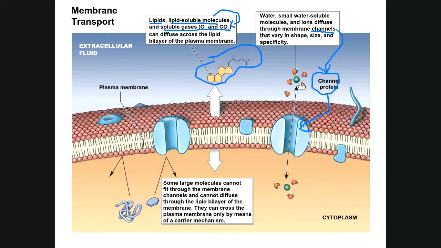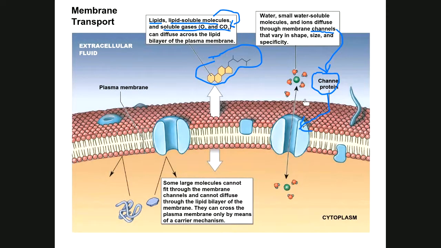This is representing our small water-soluble molecules. And you can see here, they diffuse through a membrane via channels that vary in shape, size, and specificity. Basically, these channels right here, you're going to come to know as channel proteins. These are transmembrane proteins that help water and water-soluble molecules and ions diffuse or pass through the membrane.